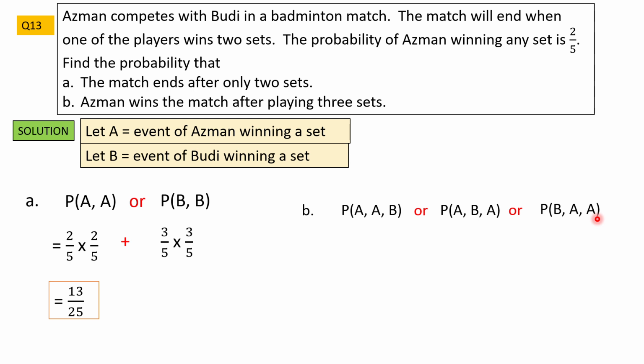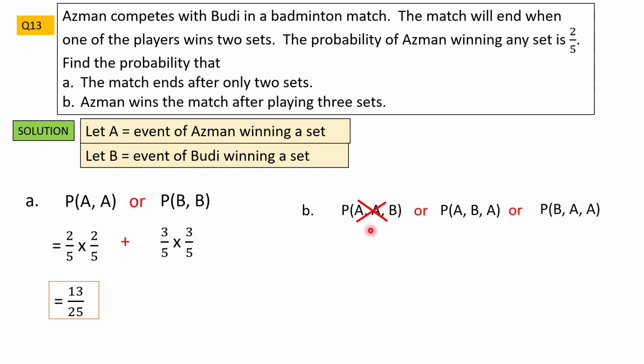Now if you look at the first outcome, Azman wins, and then followed by Budi wins. Now here they won't play 3 sets. Why? Once Azman wins the first 2 sets, the game will be ended. Therefore, you cannot include the first outcome here.